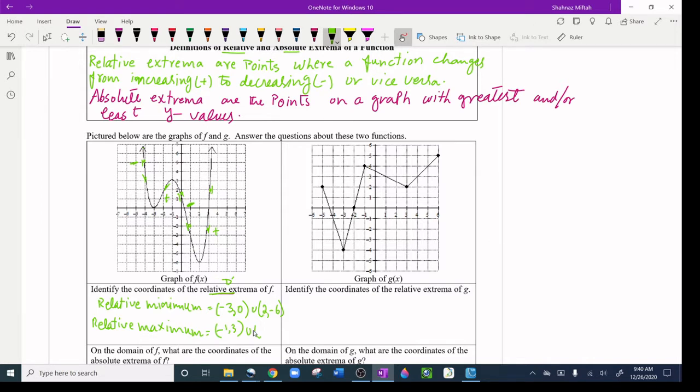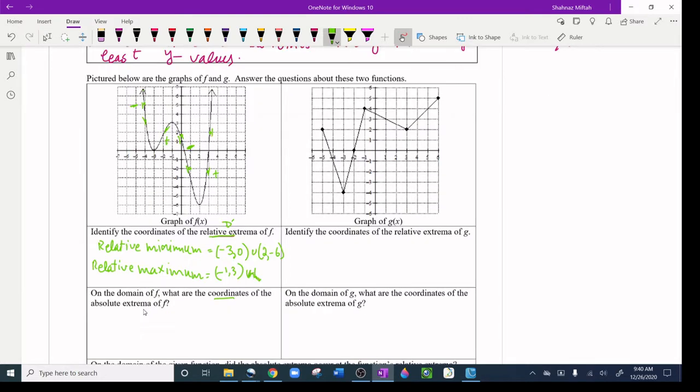How do we get the absolute extrema of f? On the domain of f, what are the coordinates of the absolute extrema? Absolute extrema are the lowest y value on the graph and the highest y value on the graph. If you check this whole graph, the highest y value is going towards infinity, so there's no highest y value.